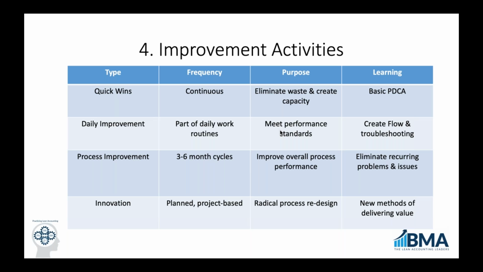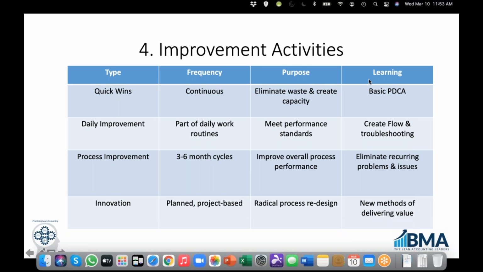Go ahead, Mike. Good. So just as we think about this idea of creating daily routines or habits, about asking these questions around value, asking what's getting in the way, really understanding how we are measuring it and what our processes are that are delivering on that value. What we wanted to conclude this part of the practice with is thinking about, be aware that there are different levels of improvement activities.